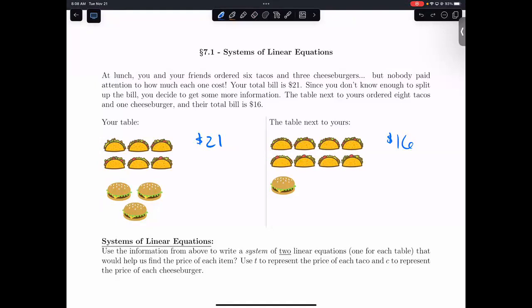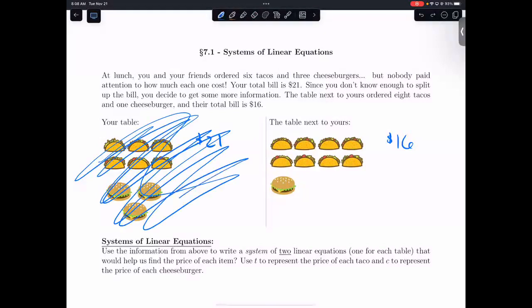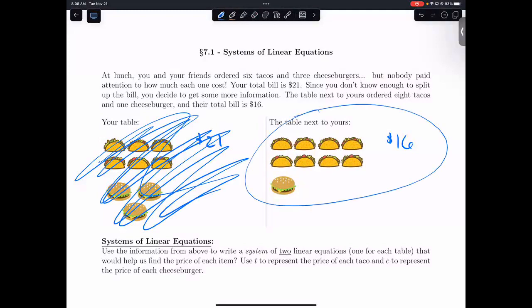The problem is that we have two things we don't know, but we've also got two separate pieces of information about how they relate, right? If all I had was one of these, if I just knew that I had 8 tacos and one burger and it was $16, there are infinitely many possibilities for how those could break down, right?